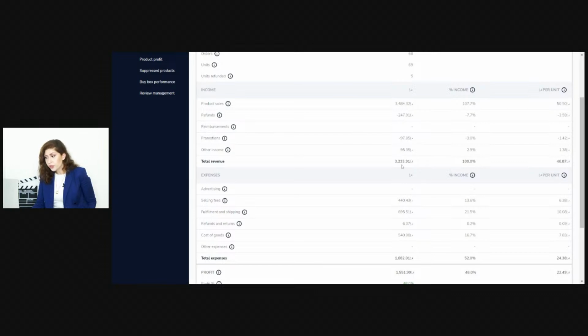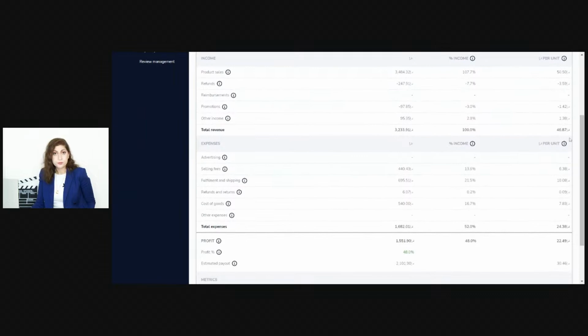So the total was 3,233 because of refunds. And it also gives you the percentage of the refunds. So 7.7 is not really that good. It needs to be anywhere under 5%. If it's over 10%, then we are in trouble.